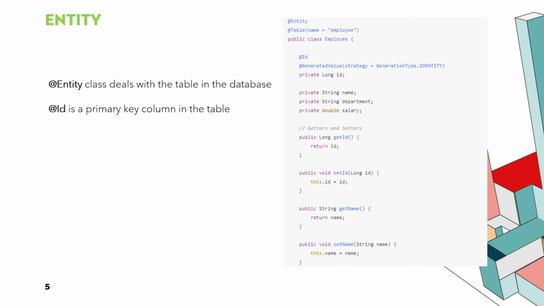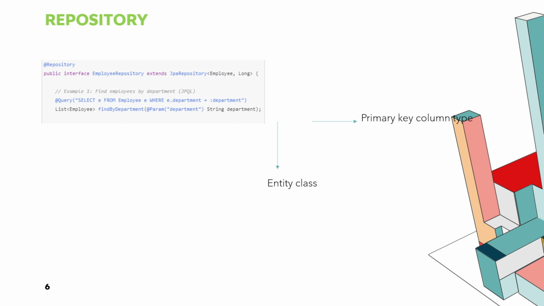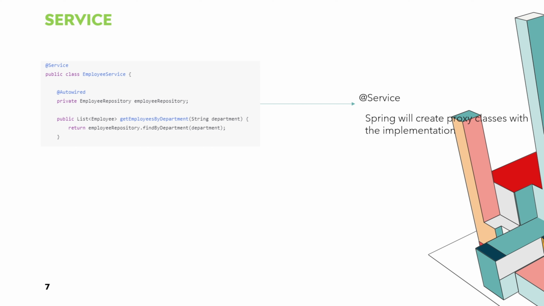It's like a common entity. As I said, in the repository I have written my own repository interface which extends JPA repository. I have written a query method, and I'm mapping it to the findByDepartment method.